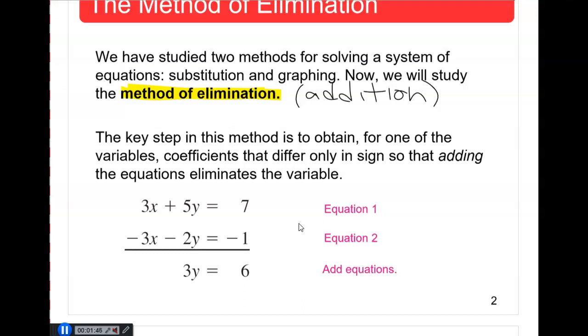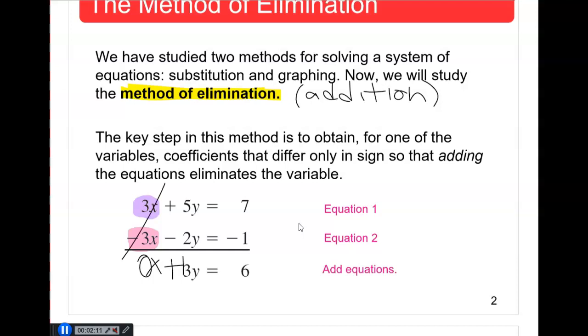We try to look for coefficients that are opposites of each other, for example here 3x and negative 3x. If that is the case, then if we add them, we will get 0x, and so we could say that they cancel out or get eliminated.